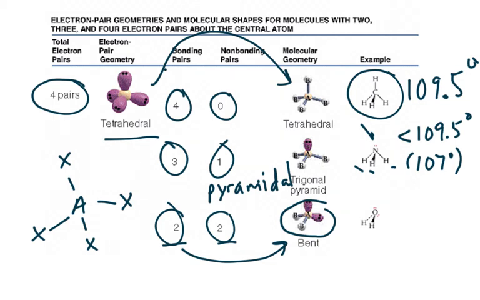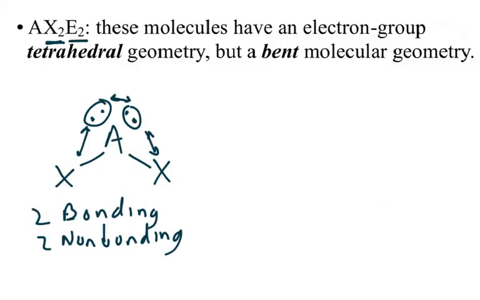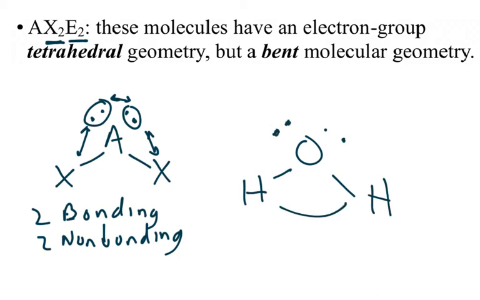Water is probably the most popular example. Water, when you draw it, looks something like this, with the hydrogens out here, okay? Let me draw that a little better. And what happens is the angle, we already know it's going to be less than 109.5, but the angle's even smaller than the previous example because there are 2 lone pairs. The angle in water has actually been measured to be about 105 degrees.